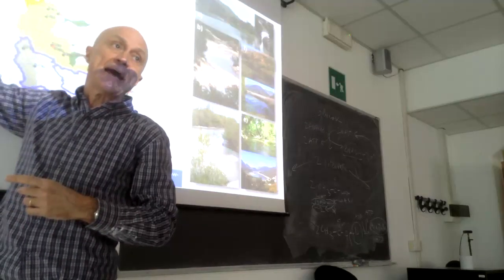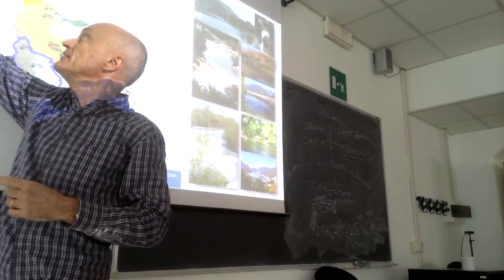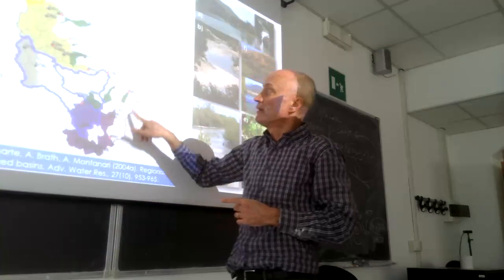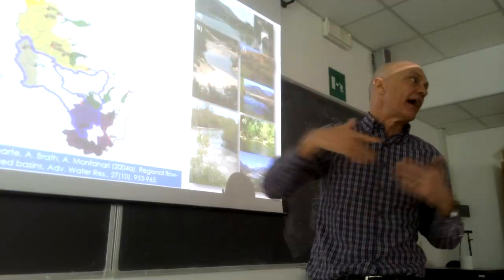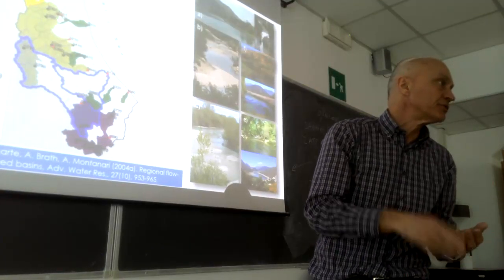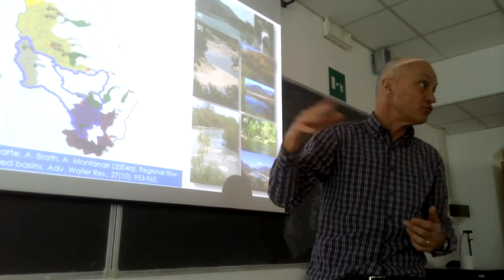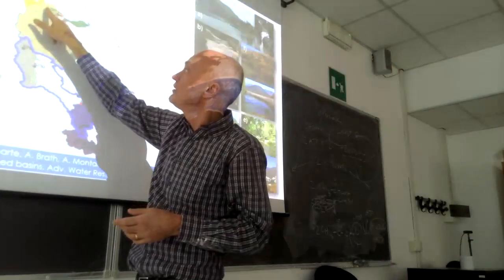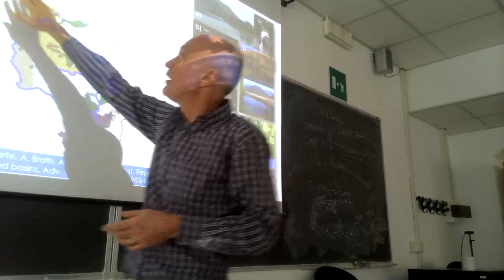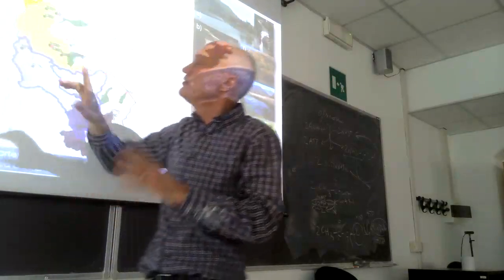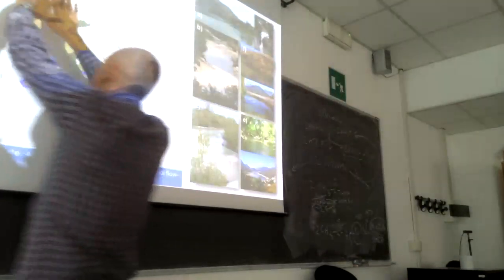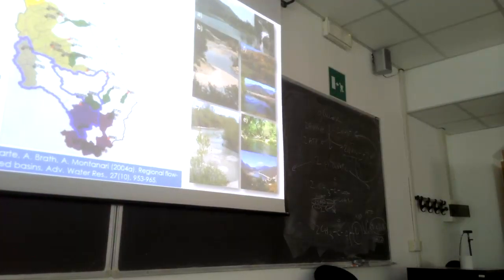Using a graphical procedure in this study, the study area was divided into sub-regions with very similar hydrologic behavior. Up here you have catchments that have very low permeability compared to catchments down here that from a climatic viewpoint are not that different. The area is a small portion of Italy, more or less.